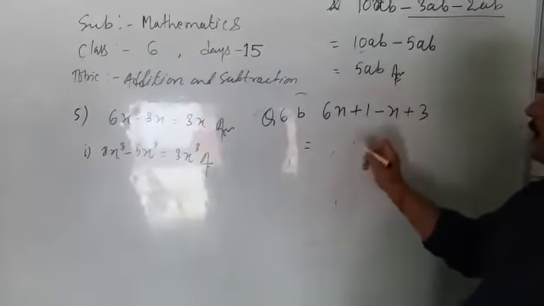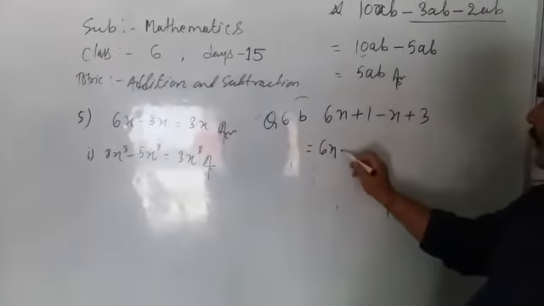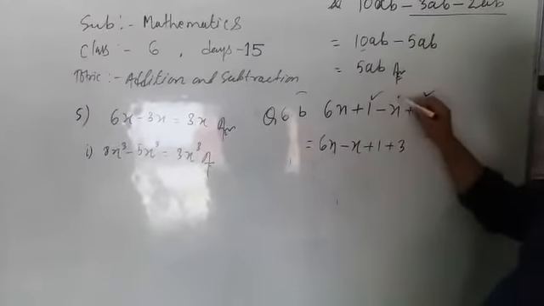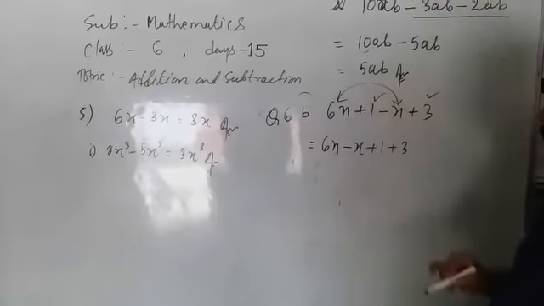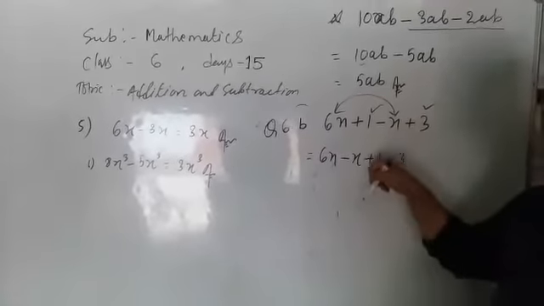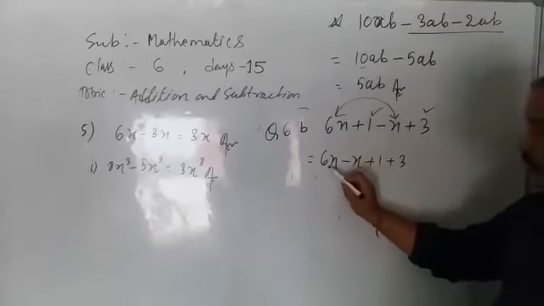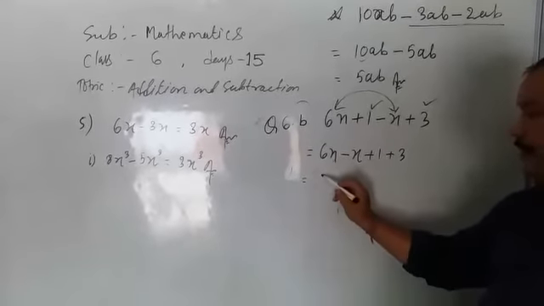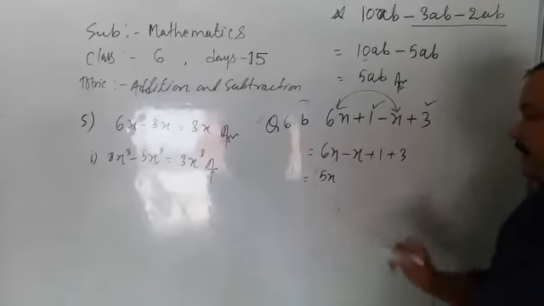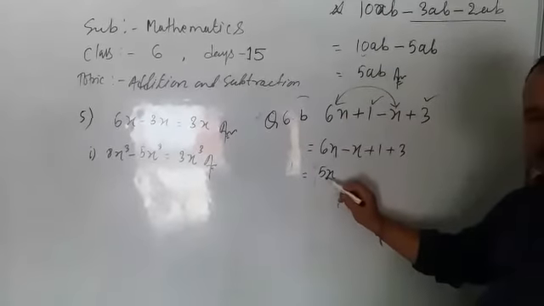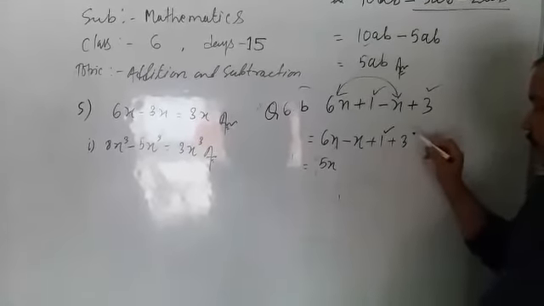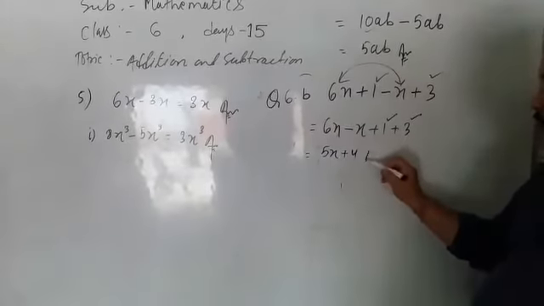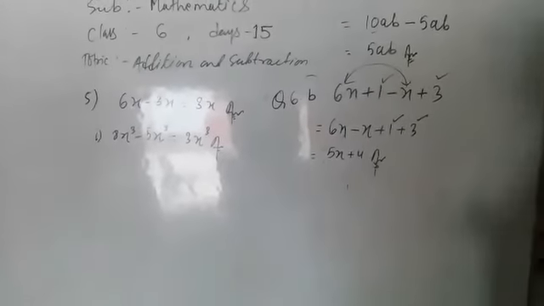First of all, the like terms are 6x minus x, and plus 1 plus 3. These two terms are like, and these two terms are like. So we arrange them with their signs. Now here one term is positive and another is negative, so we do the difference. Minus 5x, the positive sign is greatest, so 5x is positive. And here 1 is positive and 3 is also positive, so the sum is 4. So our right answer is 5x plus 4.